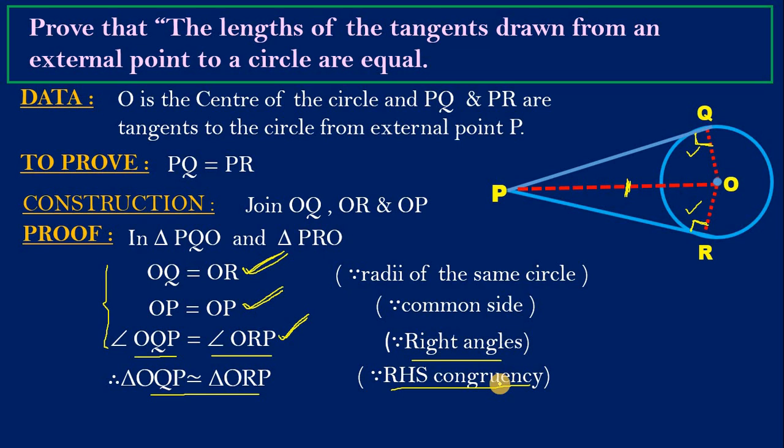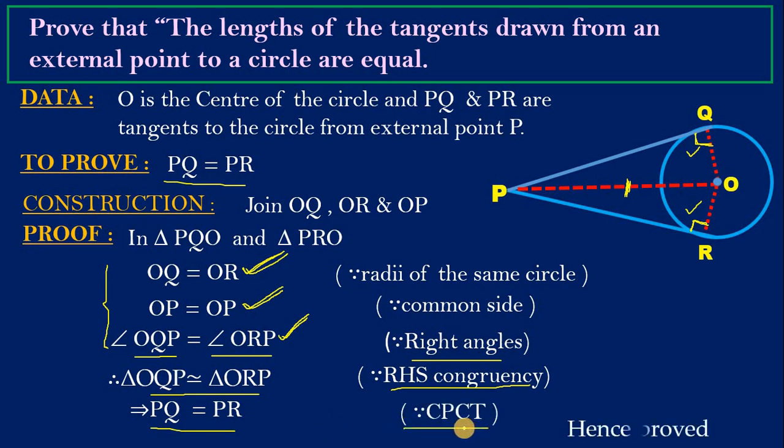And you learned that when two triangles are congruent, all its corresponding sides and corresponding angles are equal. And we can show that what we wanted to prove, that is PQ is equal to PR. The reason is CPCT. Hence, we have proved.